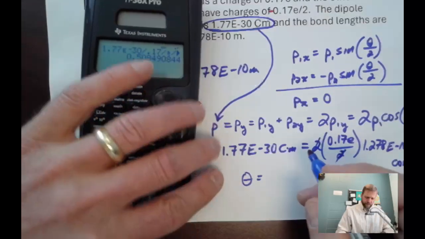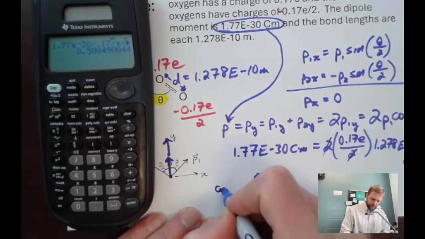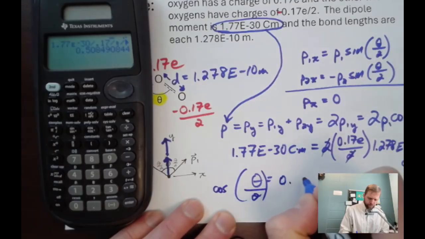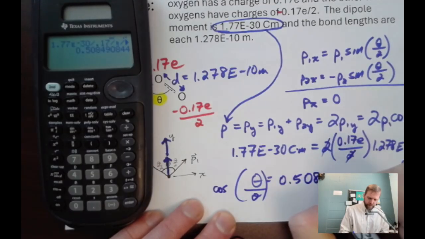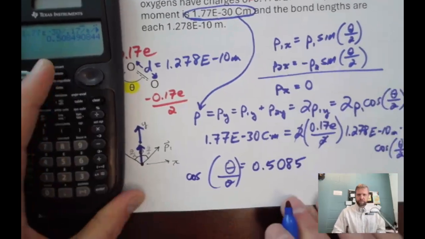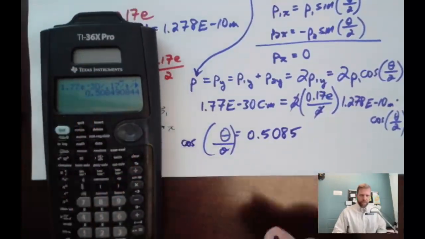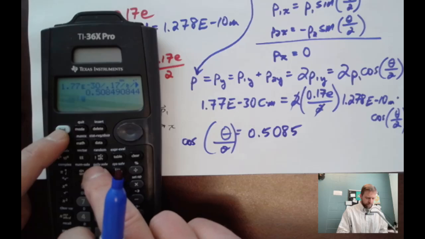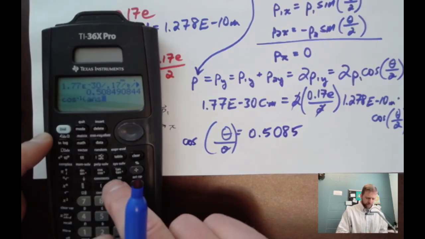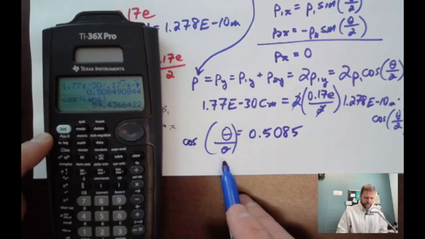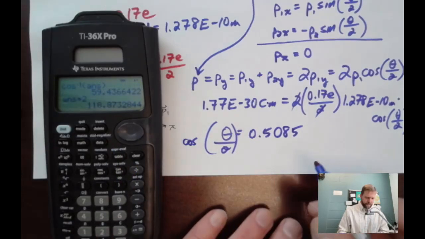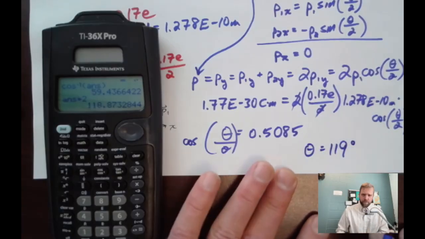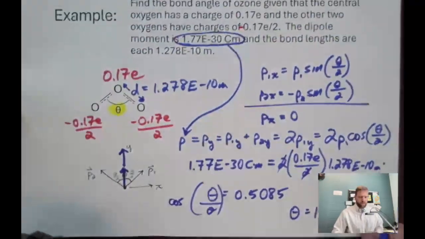And then this gives me the cosine of theta over 2 is equal to 0.5085. Then I can use the arc cosine to solve for theta. So I'm going to use the arc cosine of the answer, and this gives me theta over 2, so I've got to multiply by 2, and that gives me 119. So that's the bond angle for ozone.